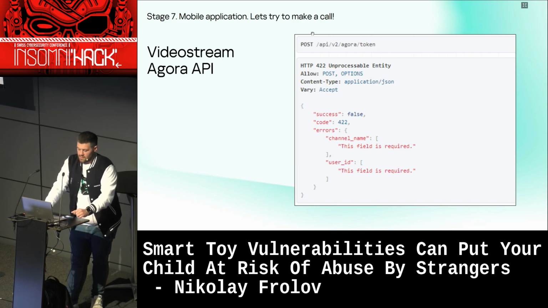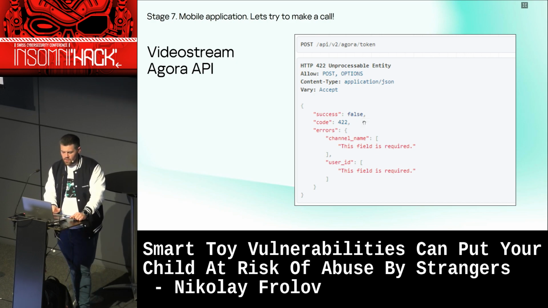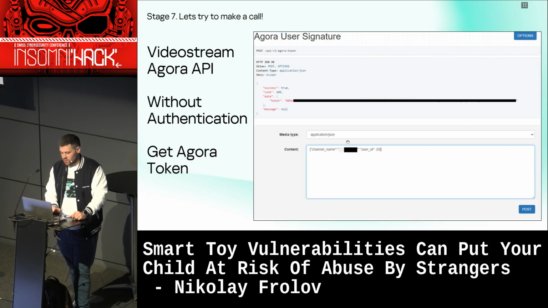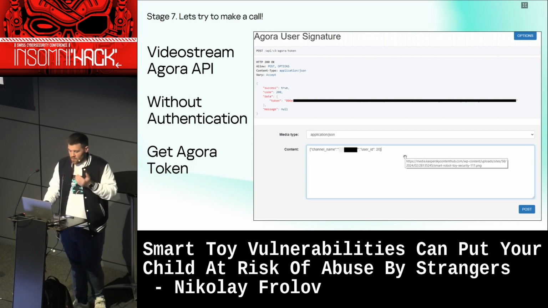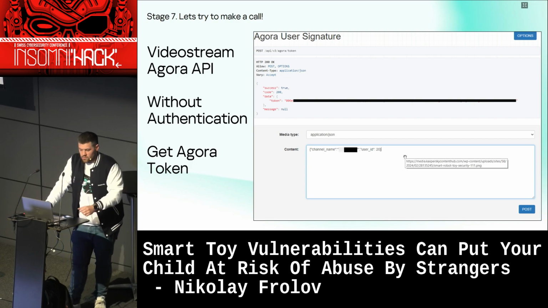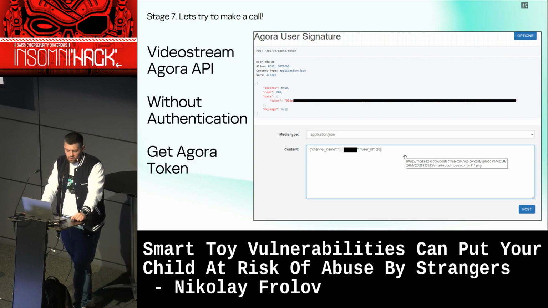So we sent an empty request and got an error that helped us see which fields we need to use to get this token. After that, we put in the channel name, the serial number of the robot again, which I think they use in all cases, and the user ID, just a digit that we take from our sniff. Again, no authentication here, and we got the Agora token.